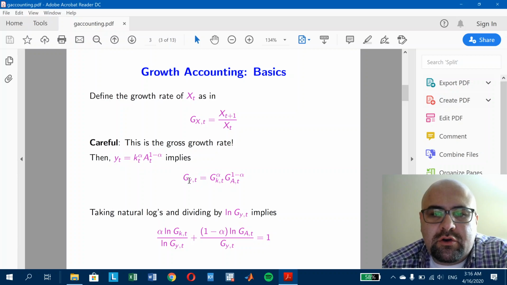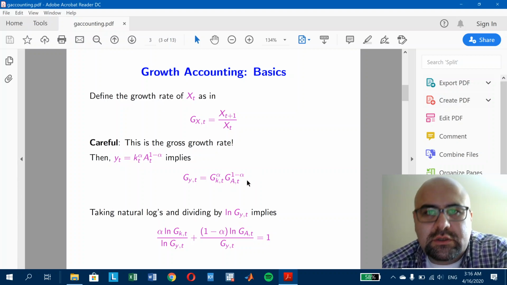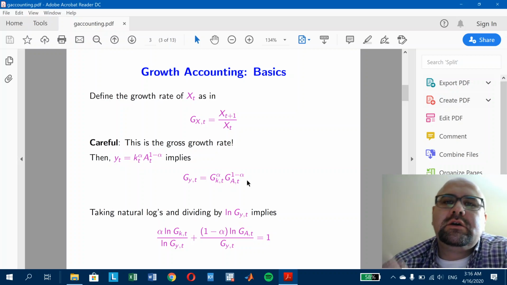Then the growth rate of output per capita will be explained by the growth rate of physical capital per capita and productivity.